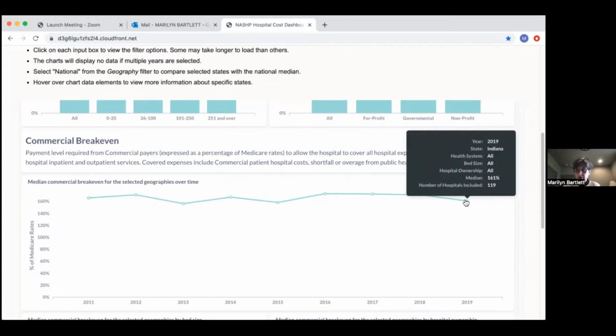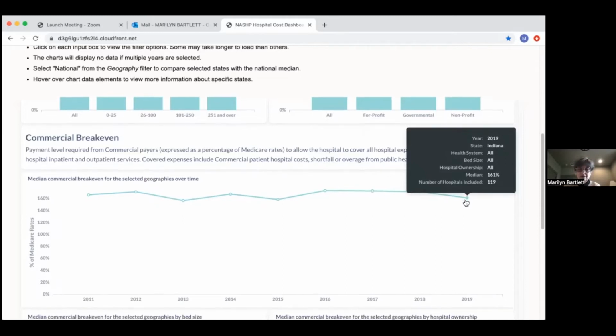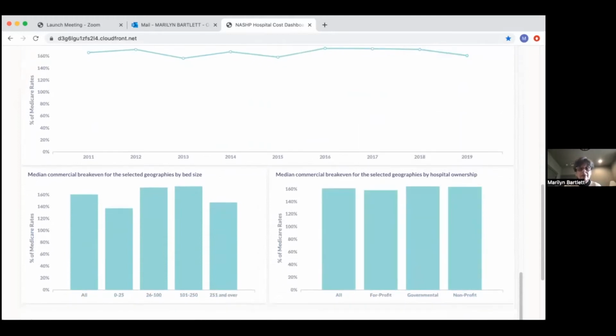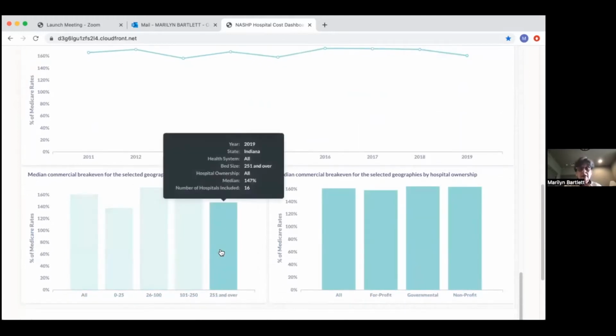We can also benchmark with national, we can benchmark with other states, and we can benchmark by bed size, but we're finding that somewhere between 150 and 170 is kind of coming out as that benchmark. Again, breaking it down, for the larger hospitals, the benchmark, or the median, is 147%.